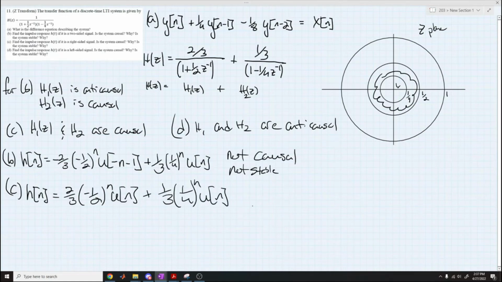Is it causal? Well, yes, we know it's causal. If I put in h of -2, just looking at my unit steps, I have u of -2 plus u of -2, and I'm not looking into the future. So that's a causal system.